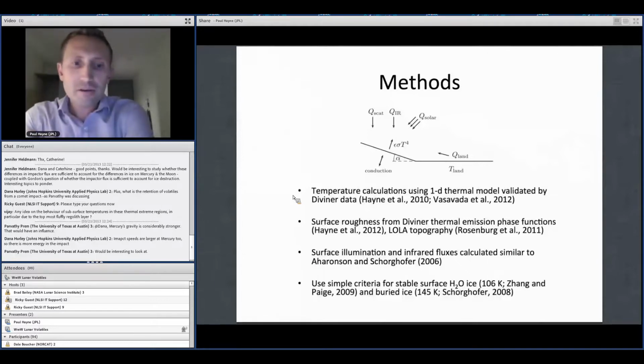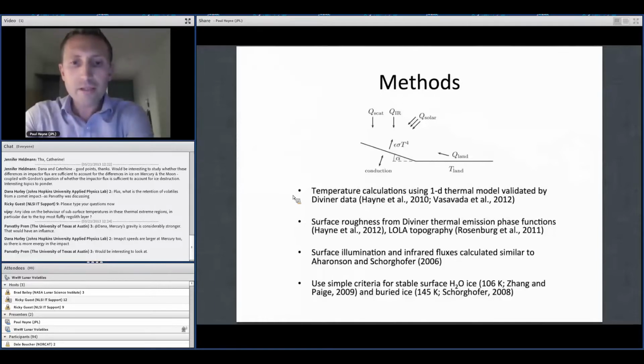And just for the purposes of this talk, although it's not necessary, we're going to use a simple set of criteria for surface ice stability, and this is just a standard 110K, we're choosing 106K in this case.